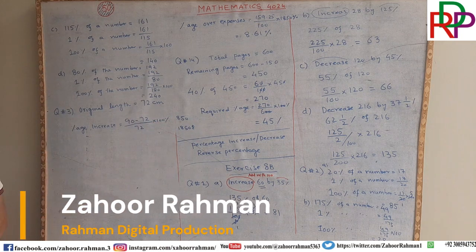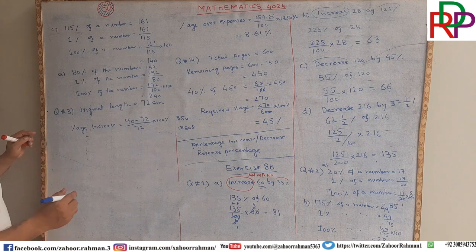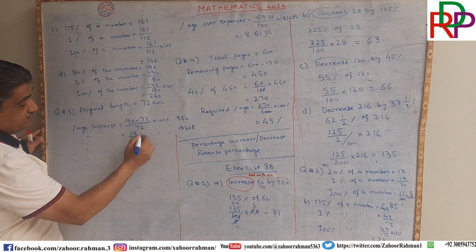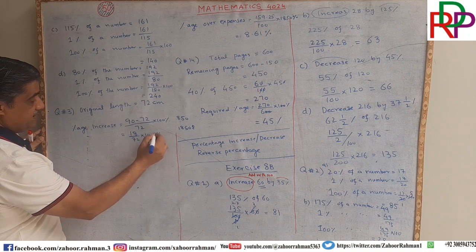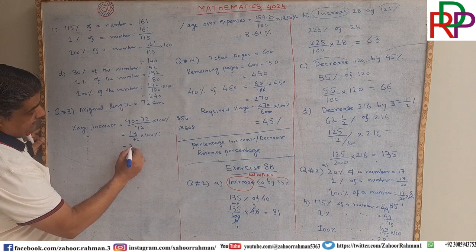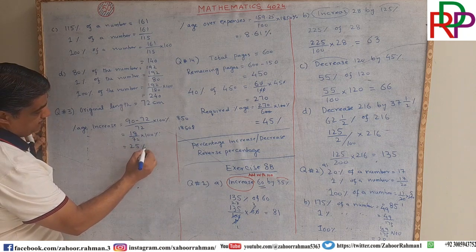So when we increase, this will be 18 divided by 72 multiplied by 100%, and when we solve, this part is 25%.